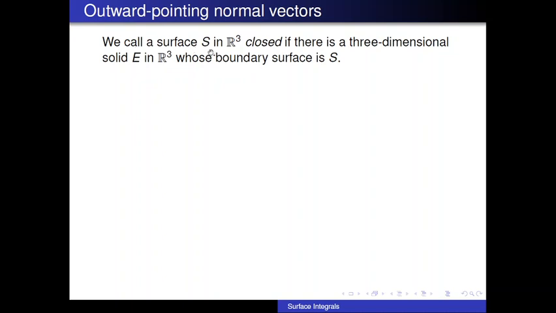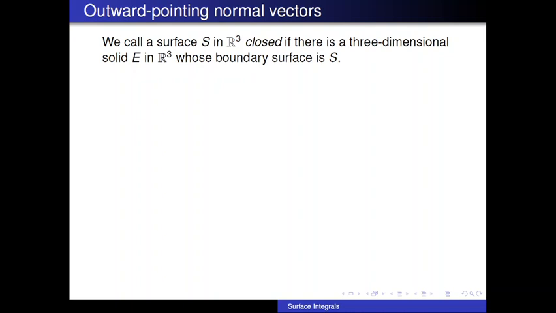A closed surface in space is one such that there is a three-dimensional solid whose boundary surface is that surface S. In particular, since there's a three-dimensional solid that's bounded by that region S, that'll be like the inside part of S. And so S will be something that breaks space into a sort of inside and outside, okay?